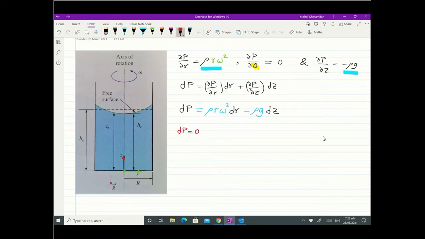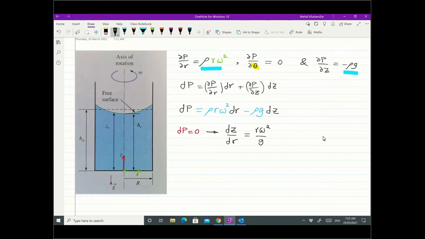Iso means one, which means whatever property we are talking about is constant over that surface. So if I include this condition, which is dp equal 0, we are going to have dz over dr equal that ratio, which is r omega squared divided by g.